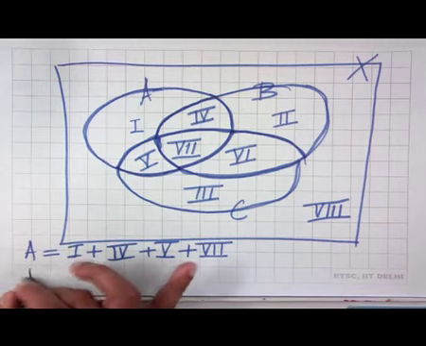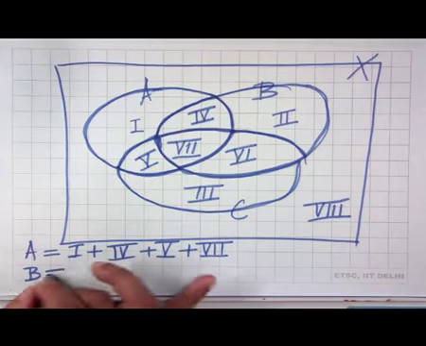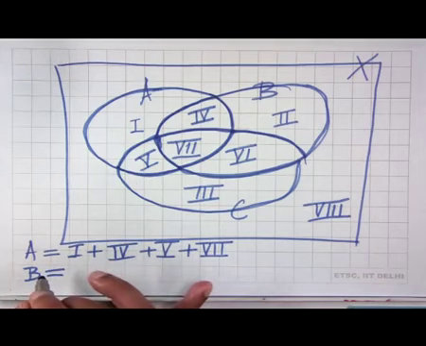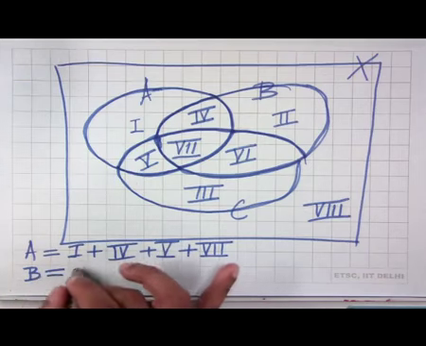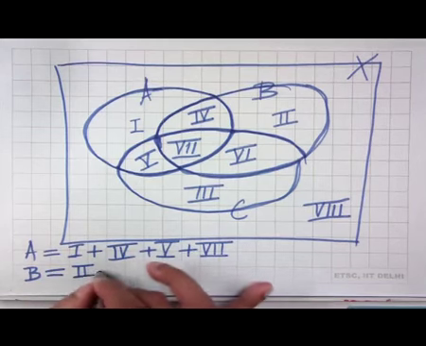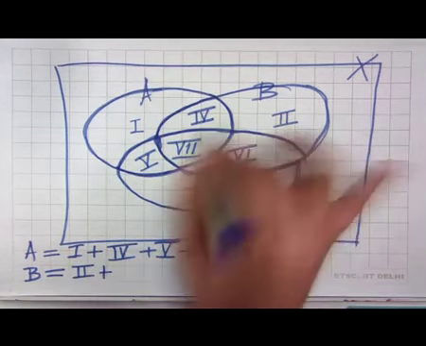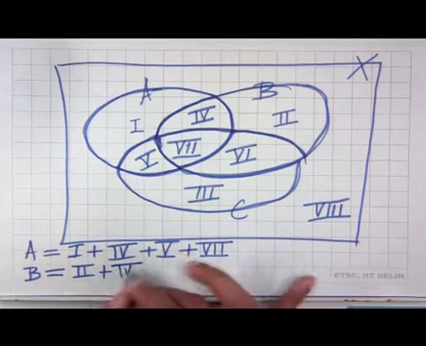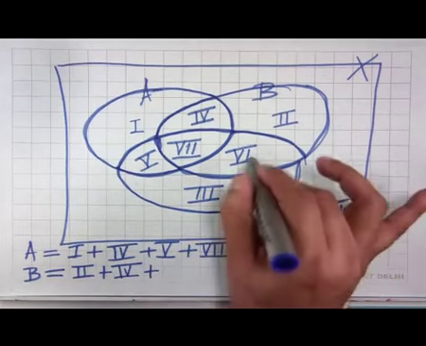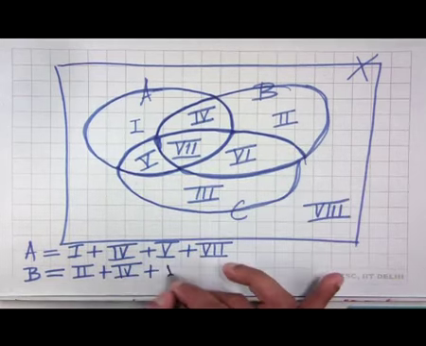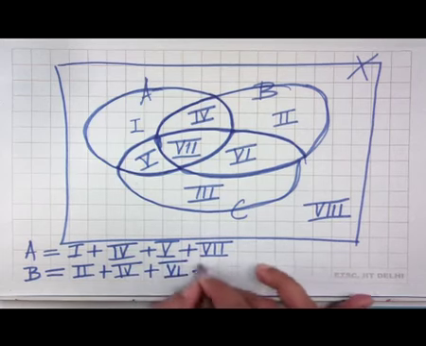B, I'm going to write it right here, right under this. B is captured by 2 and 4. I'm trying to write this in a sequence. 6 and 7.